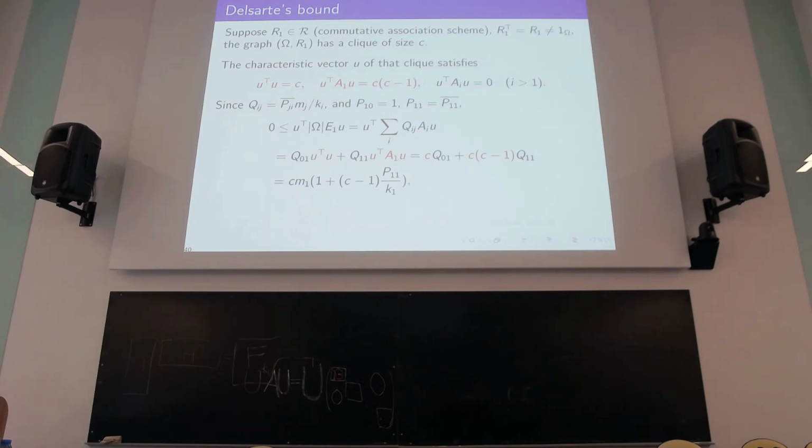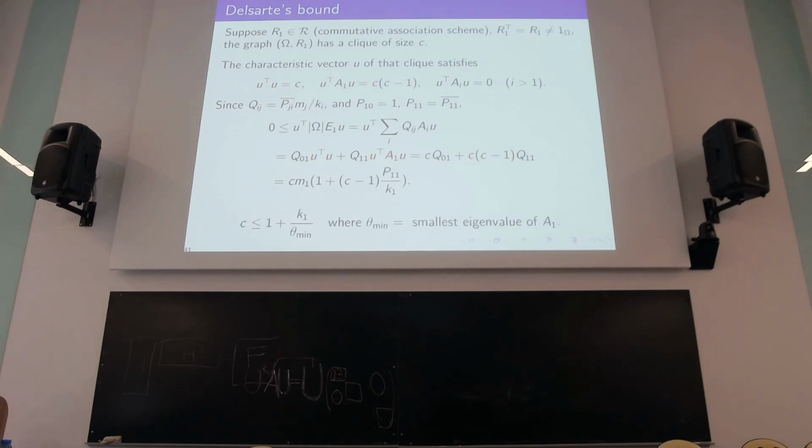So you can solve this inequality for C. It is not possible at first glance because you don't know whether P_11 is positive or negative. But if P_11 is positive, you don't get any information, so you might as well assume that P_11 is negative. In fact, there are such P_11 if you choose the idempotents appropriately.